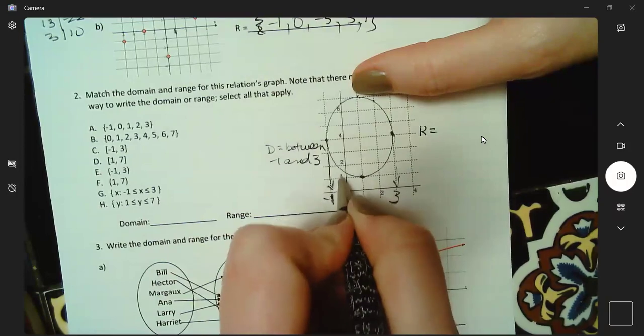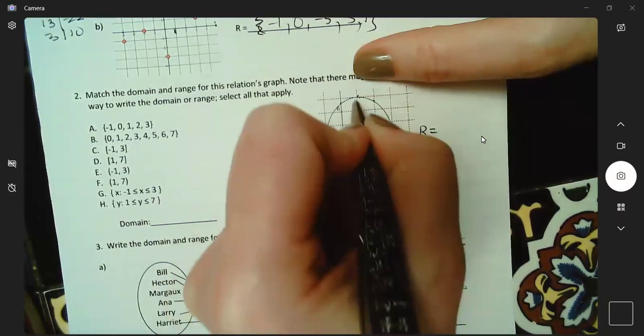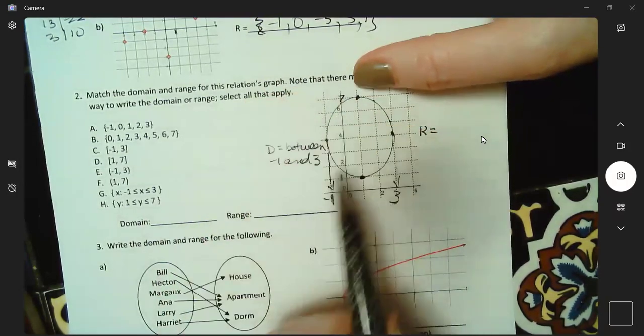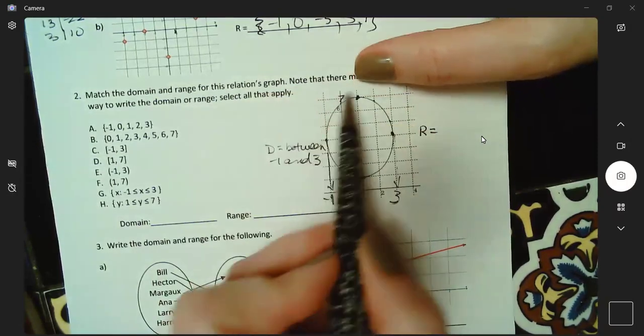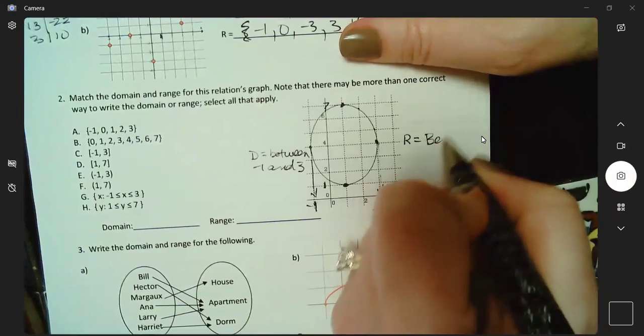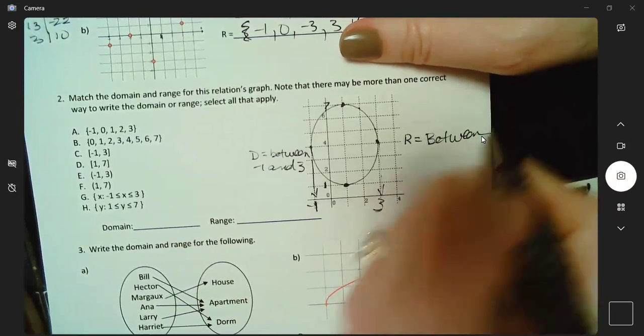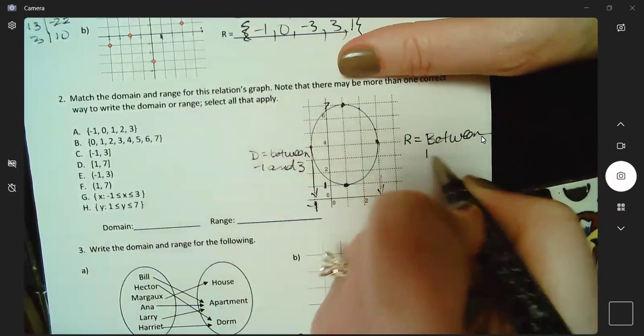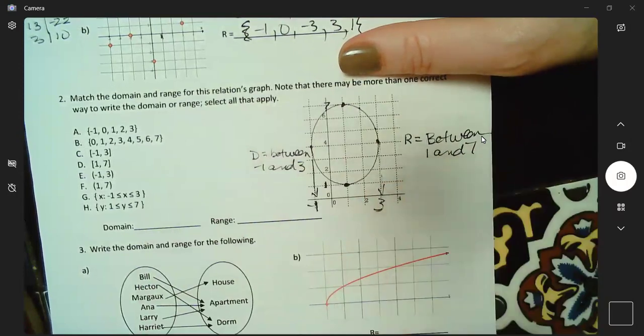So between the lower y value of 1 to the higher y value of 7, we're on the graph this way. Okay, so the range would be, I'm always going to say the lower number first, 1 to 7, 1 up to 7.